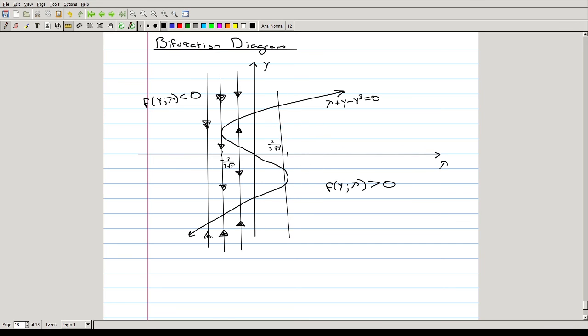we get to lambda equals positive 2 over 3 root 3. Where you have that f is negative here, it's positive here, and it's still positive here.